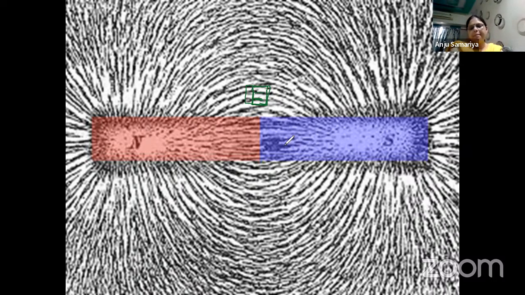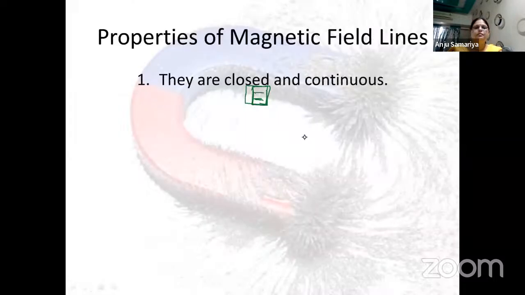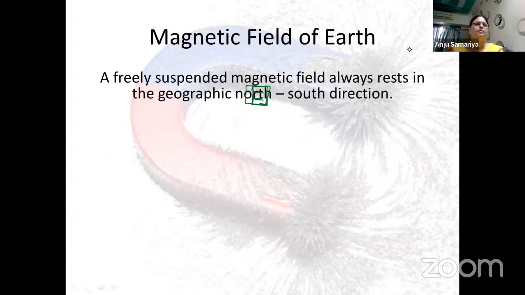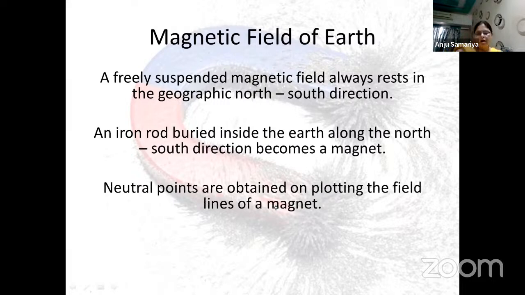The same thing happens for the Earth's magnetism. If you take a particular place, for example, you took the area of Vapi, and within it the area of your society. So Earth is a huge magnet, so Earth's magnetism is also there.